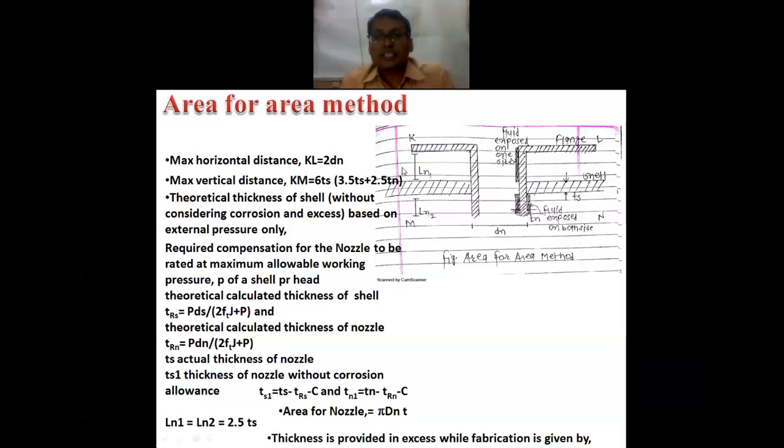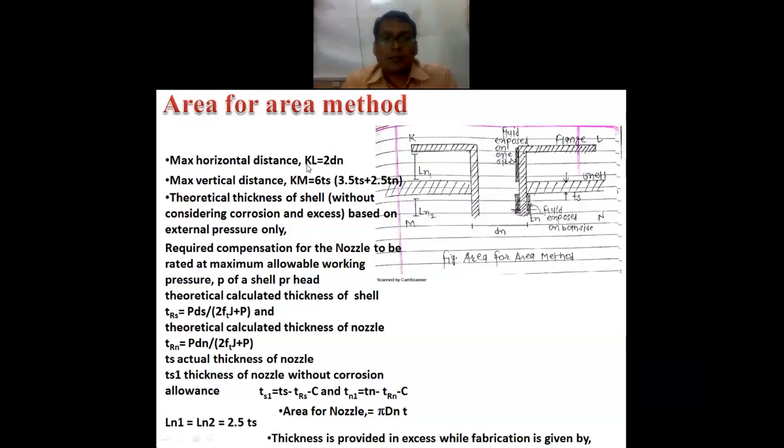Looking at this figure, this is the shell, the nozzle pipe protrudes inside the shell and outside the shell as well, and the reinforcing plate will be provided in this section on both sides.